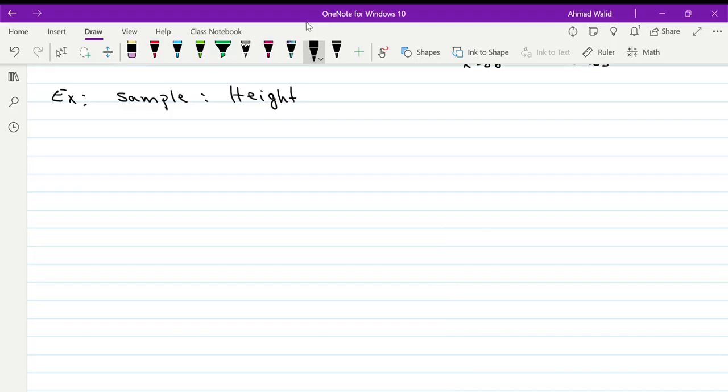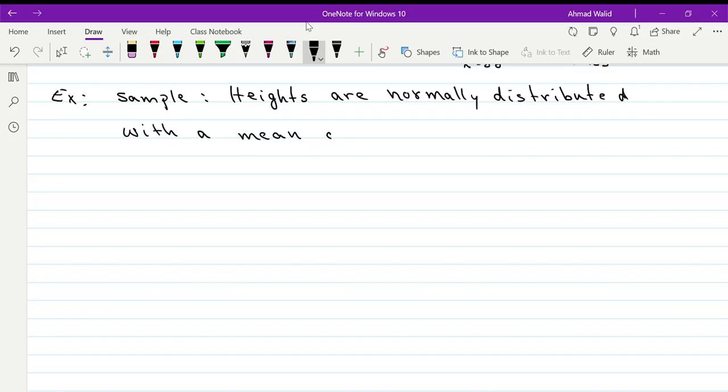are normally distributed with a mean of 65 inch, which is what? 5.5. 65 inch means 5.5, correct?